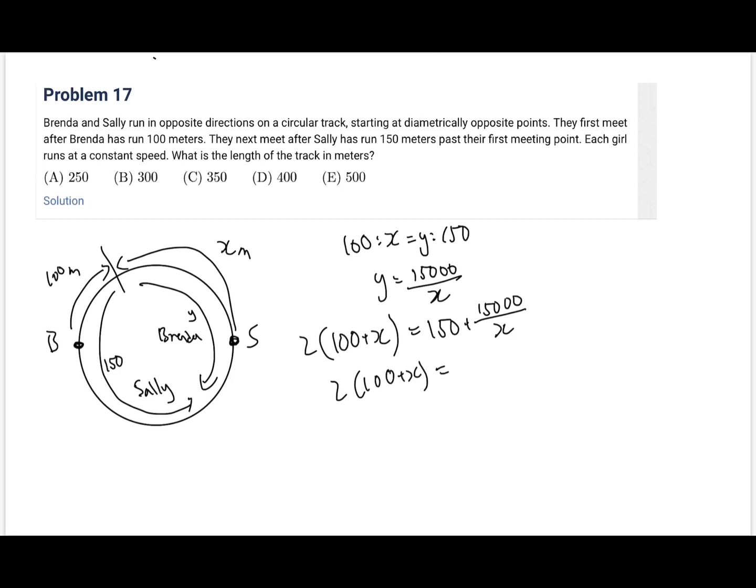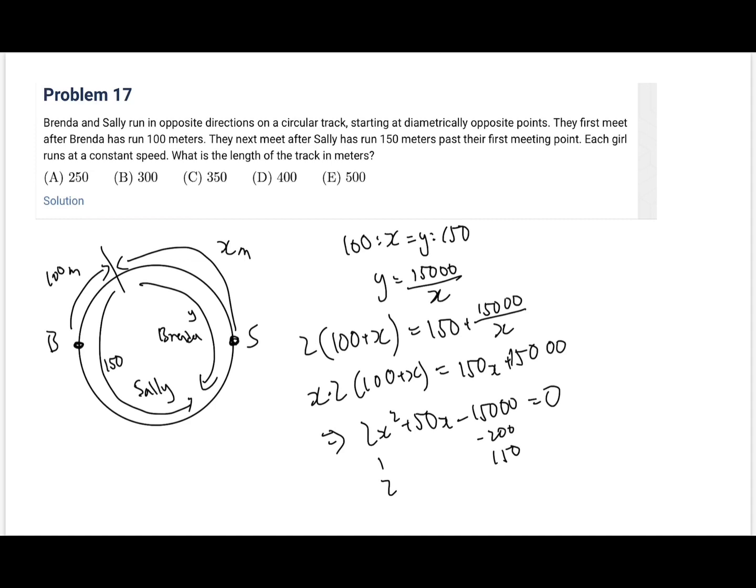This multiplied by x would be 150x plus 150,000. So 2x squared plus 50x minus 150,000. Yeah, we don't need this extra 0. This would be 0, and so 1, 2, and then this would become a 200, 150, and this would be minus.